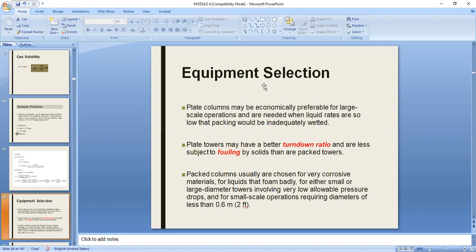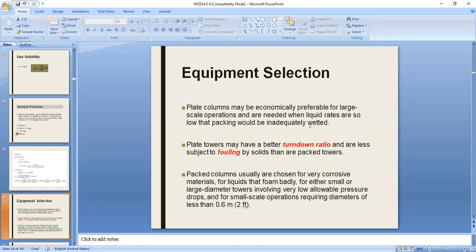So there won't be enough contact because the liquid rate is low, and your packing material will not be sufficiently wetted. If it's not sufficiently wetted, then there's not enough interfacial surface established for mass transfer to occur. And that is why for large-scale operations, it's the plate columns that are preferred.